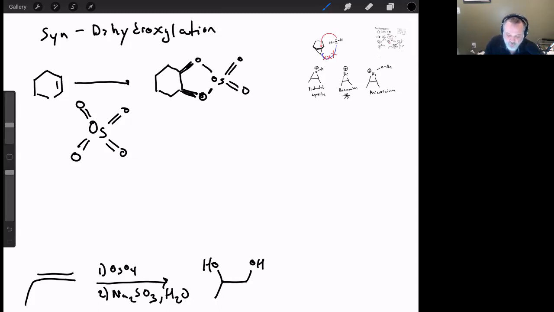These 2 oxygens come from the osmium tetroxide, and they add at the same time. So this is an osmate ester.